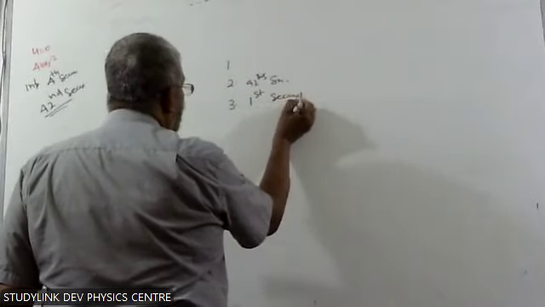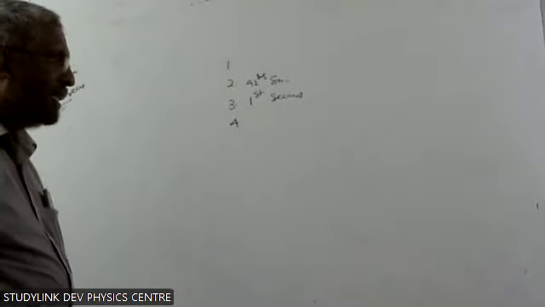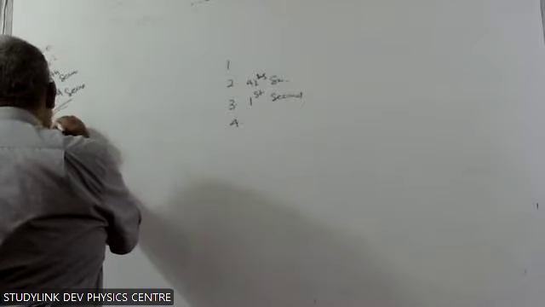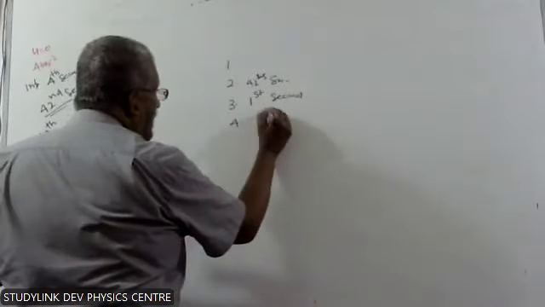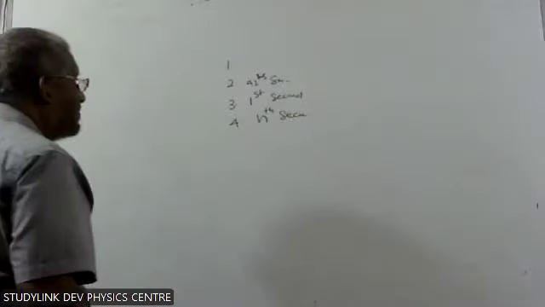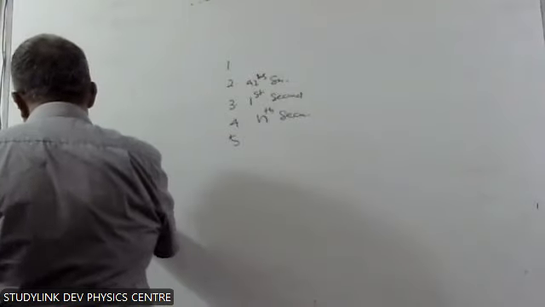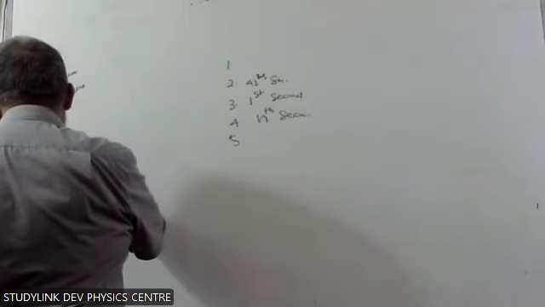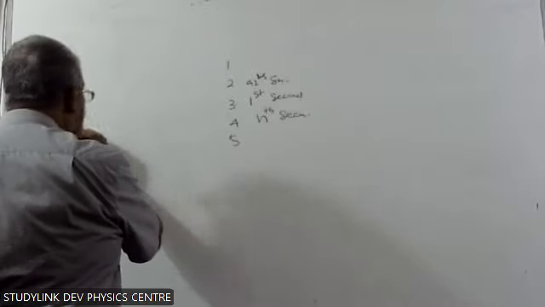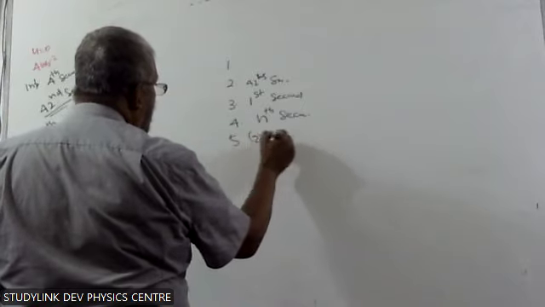Fourth one, the distance the car travels in the nth second. Fifth one, the distance the car travels in the 2n plus 1 second.